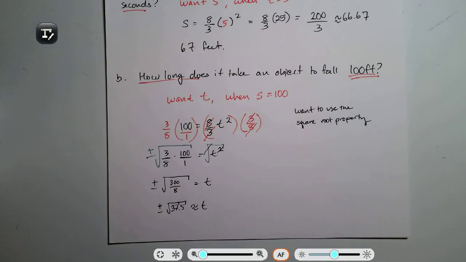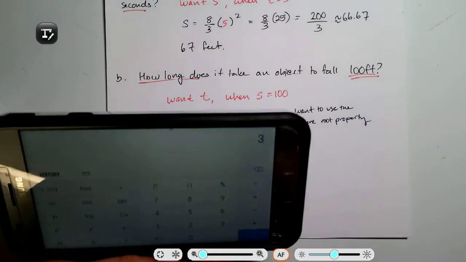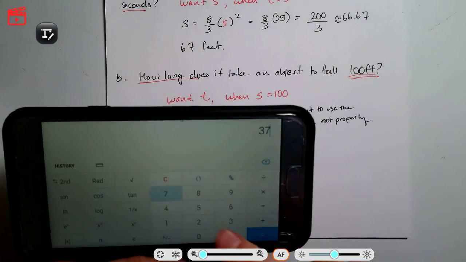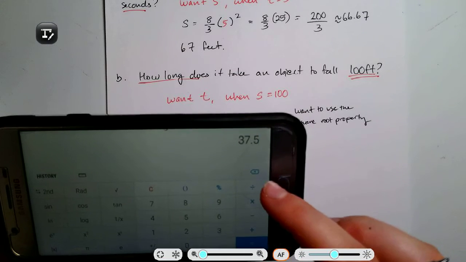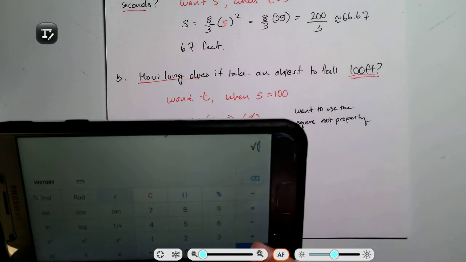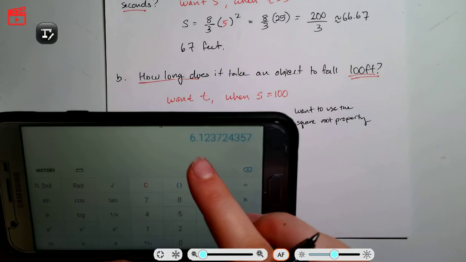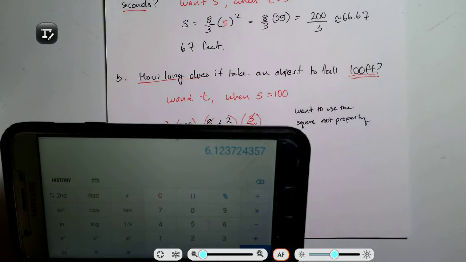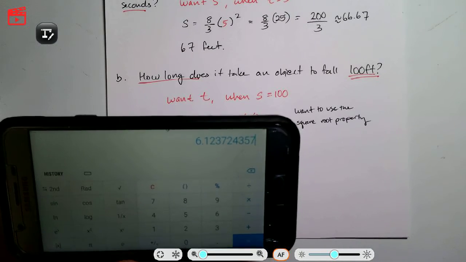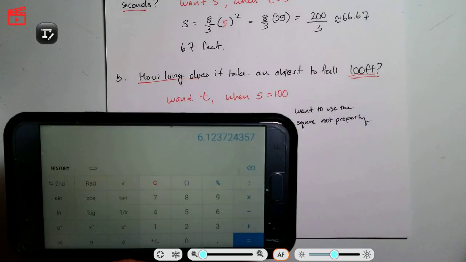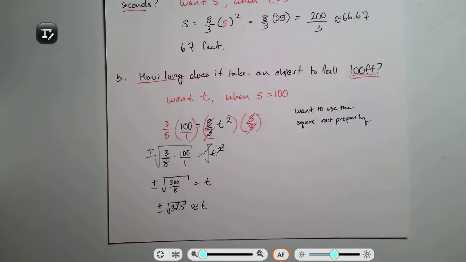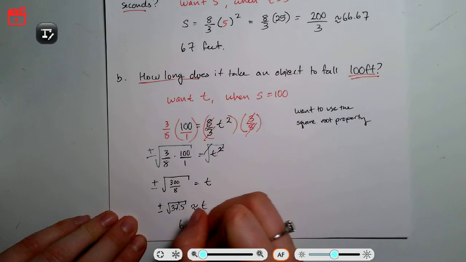The square root of 37.5 is about 6.123. It didn't tell me how to round, so I'm just going to round to the nearest whole. Let's say 6. So t is about 6.